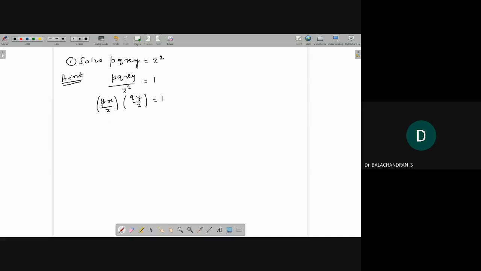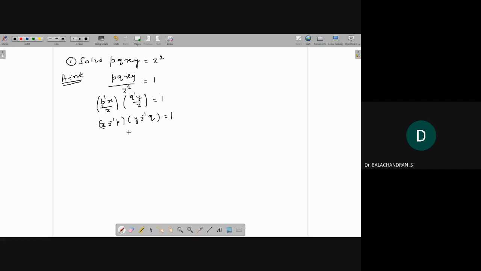Okay, now after writing this, you can see that the power of p is 1 and the power of q is 1. Also you can write this as x into z power minus 1 into p, into y into z power minus 1 into q equal to 1.